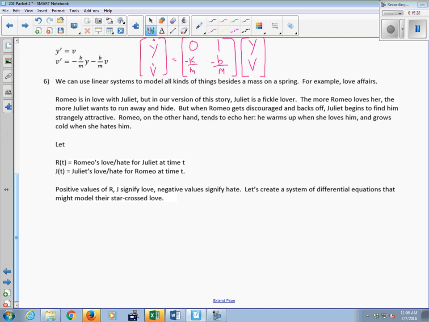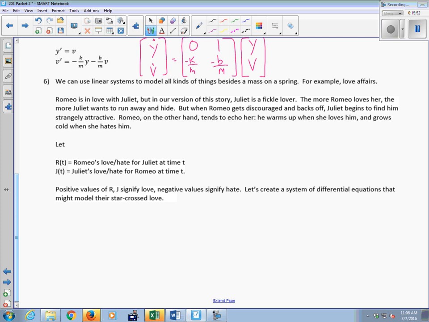So let's do an example here. Romeo's in love with Juliet, but in our version of this story, Juliet is fickle. The more Romeo loves her, the more she wants to run away and hide. She's like claustrophobic. But when Romeo gets discouraged and backs off, Juliet begins to find him strangely attractive again. Romeo, on the other hand, tends to echo her.